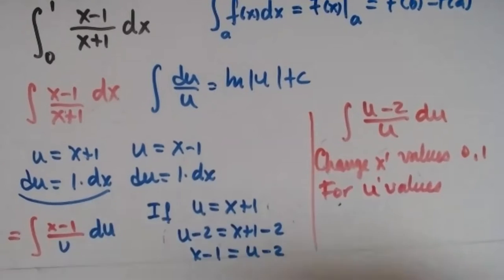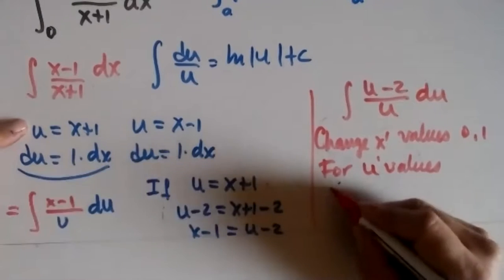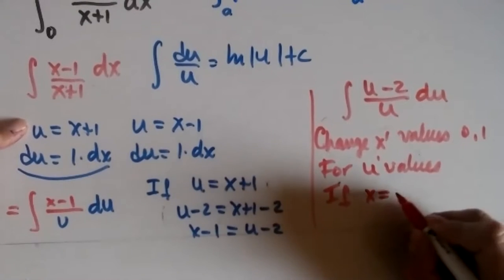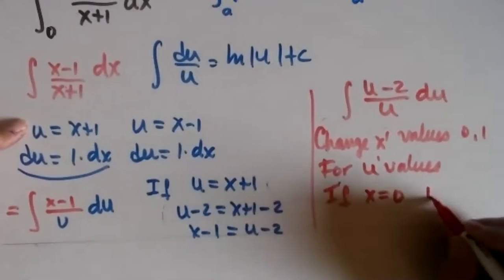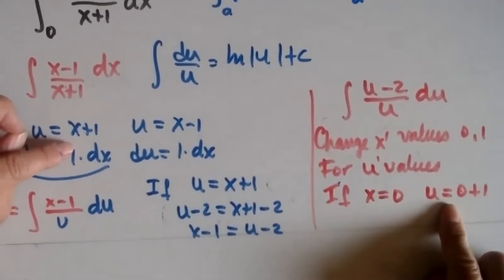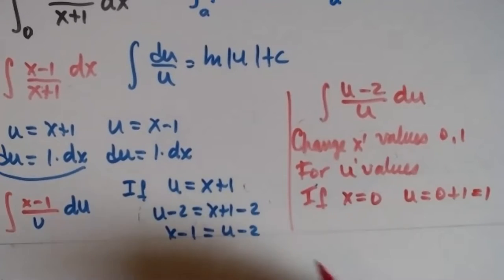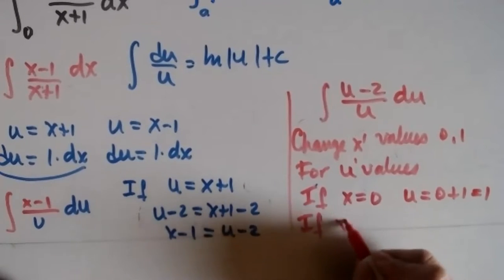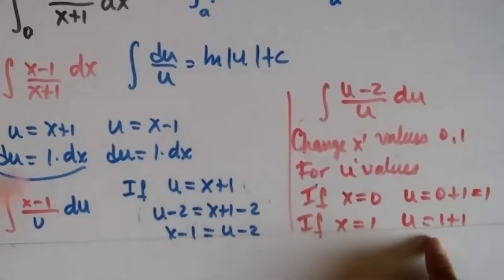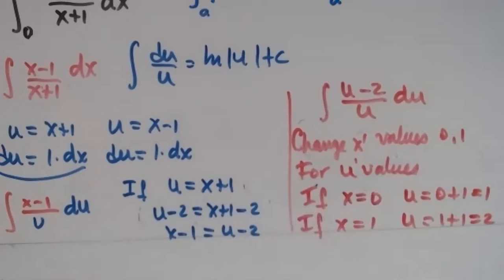How can you do that? Again, you use the same substitution. If x is 0, u is 0 plus 1. Why 0 plus 1? Because u is x plus 1. So u is 1. If x is 1, u is 1 plus 1. Why? Because u is x plus 1. So u is 2.